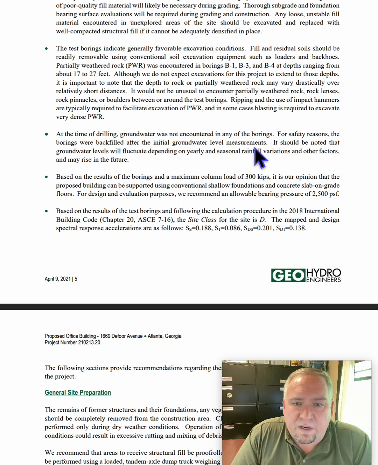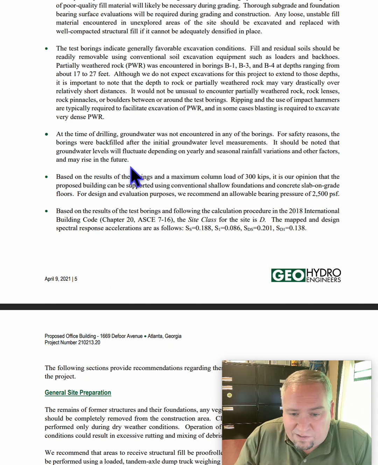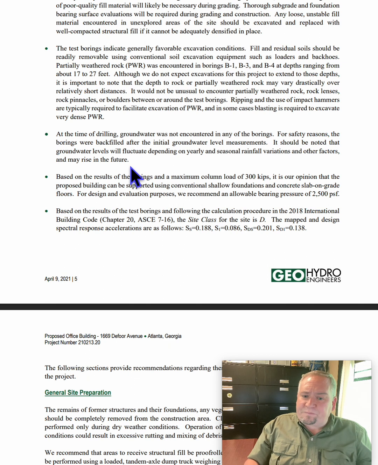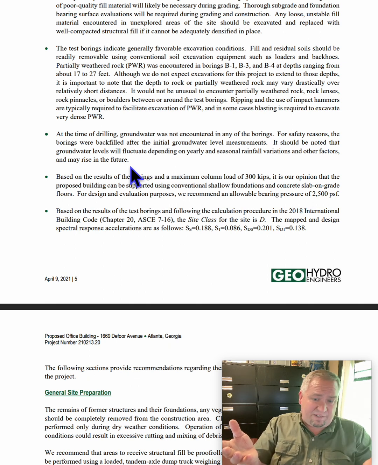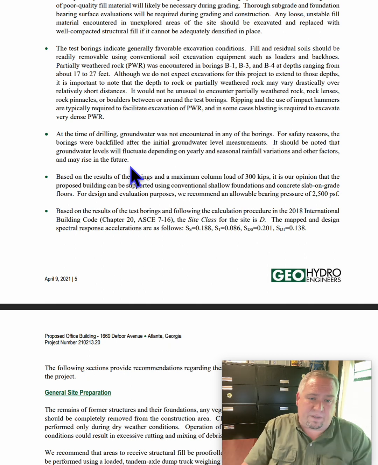All right, it should be noted that groundwater levels will fluctuate depending on yearly seasonal rainfall variations and other factors that may arise in the future. So in the wintertime, the water table is likely to be a foot or 2 higher than it is in the summertime. It usually drops in the summertime; in the wintertime, it comes up.